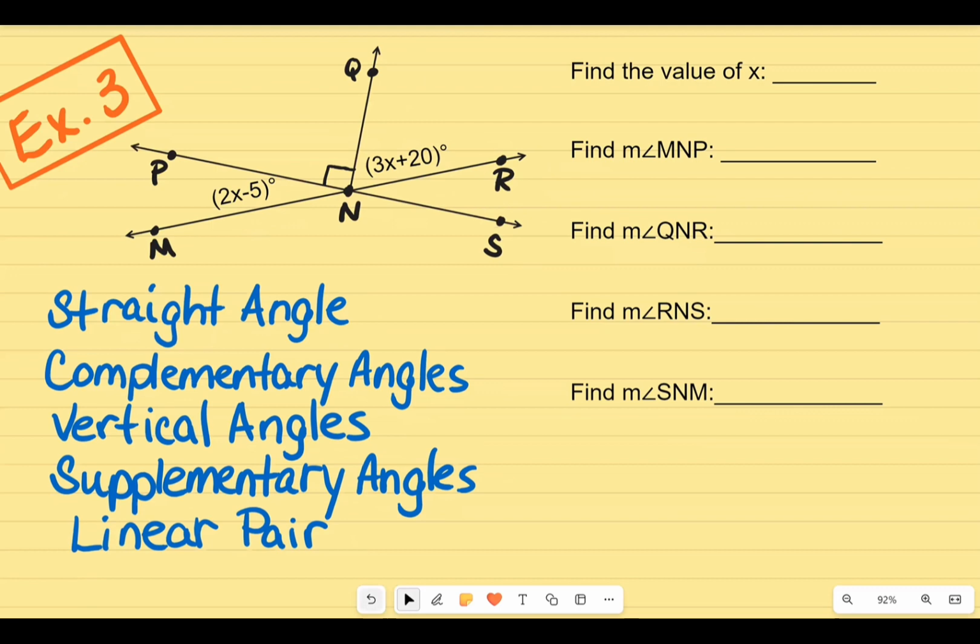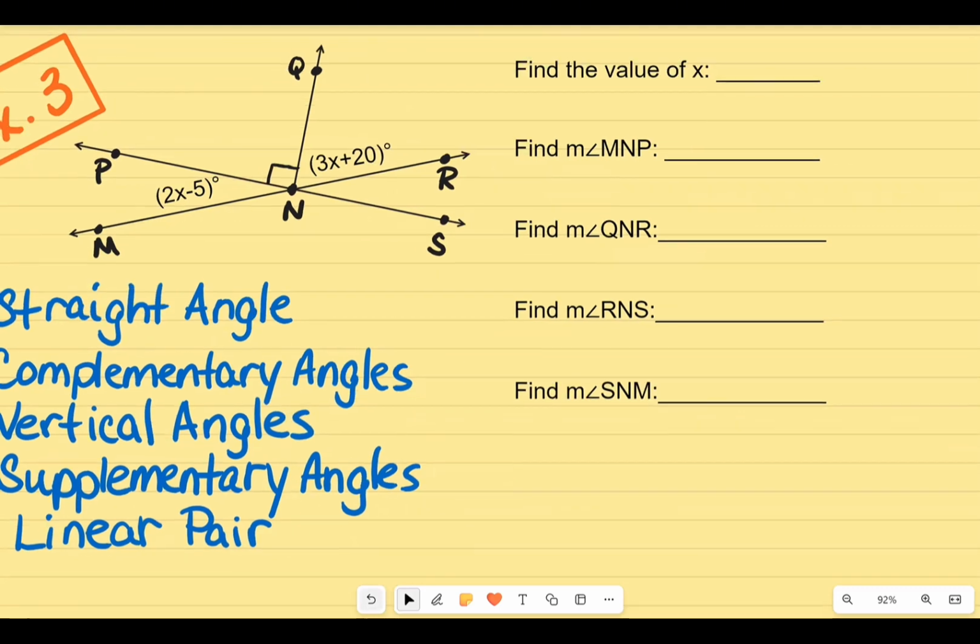Because what I'm going to do is set that equal to 180. 2x minus 5 plus, it's understood that that angle represents 90 degrees, so I have to include that. 90 plus this other angle. So again, I'm looking for this straight angle, and that will help me find my x. So 3x plus 20. Now I'm going to set this equal to 180 degrees.